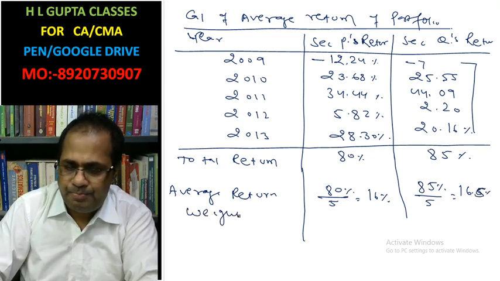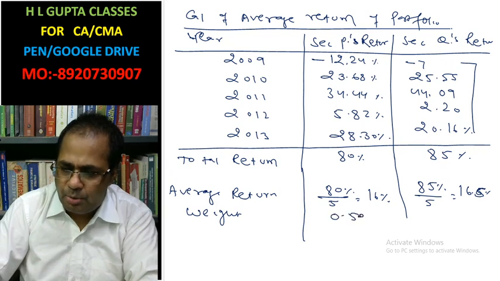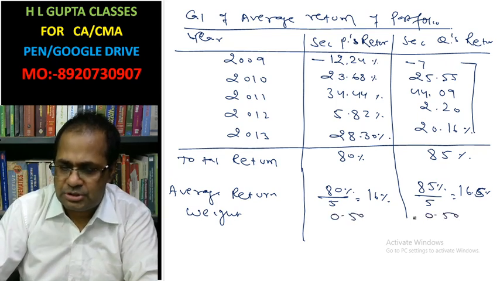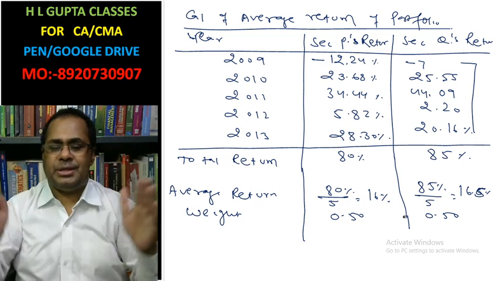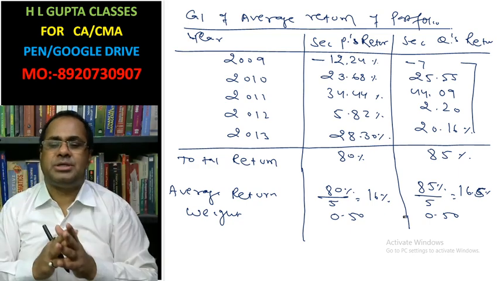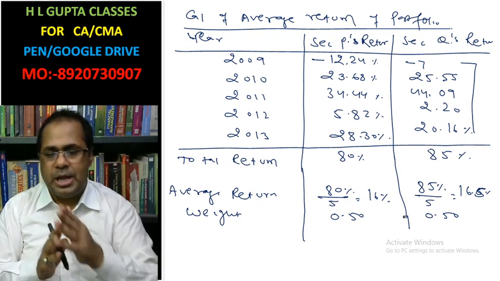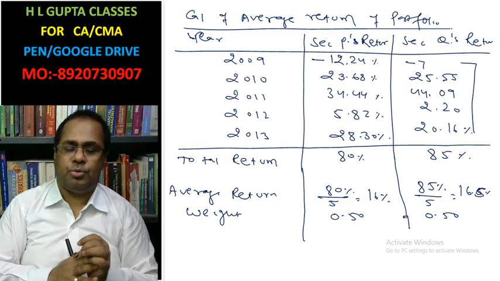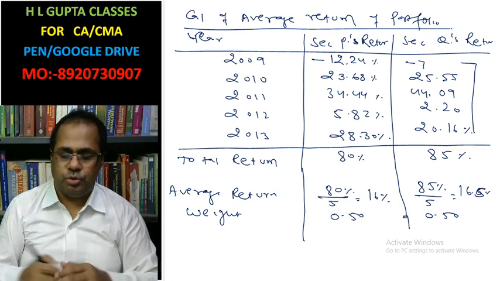The weights are 0.5 and 0.5. If someone has invested 50% in security P and 50% in security Q, then what will be his portfolio return?